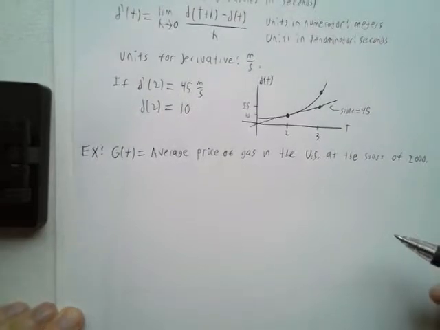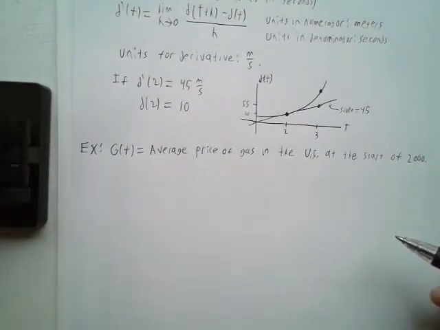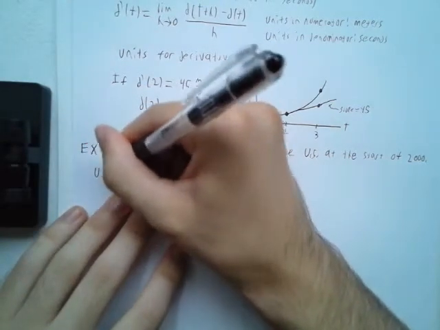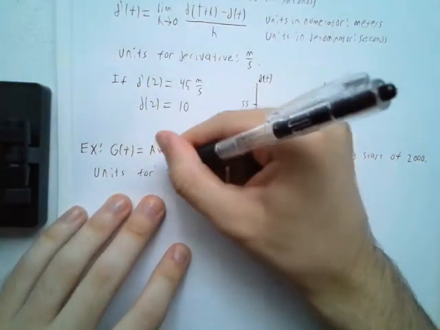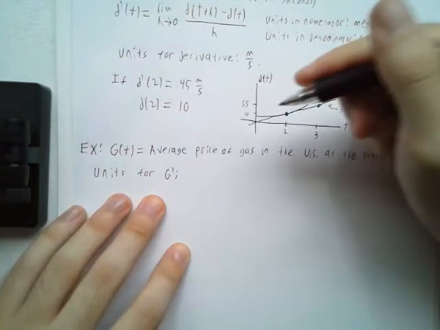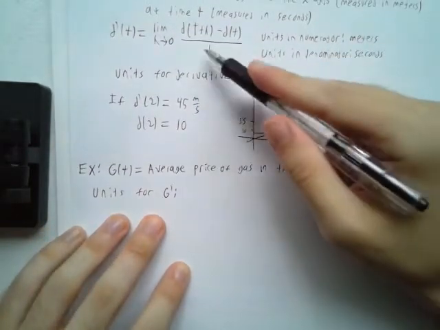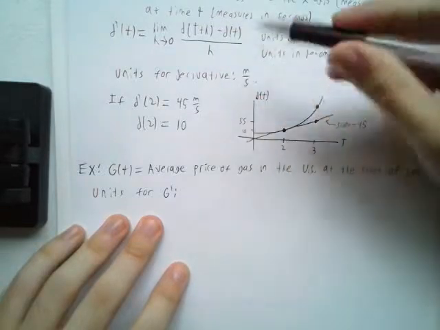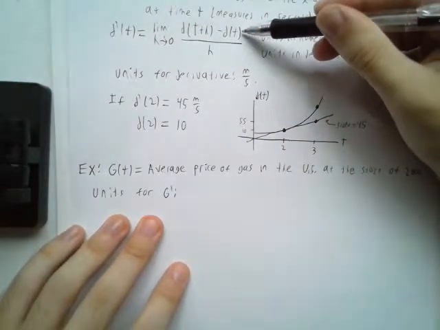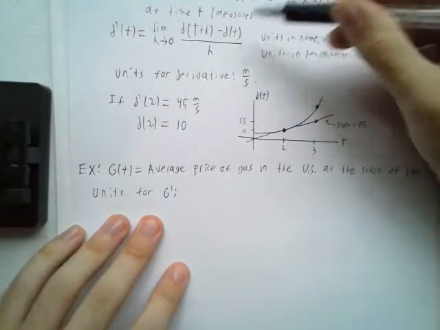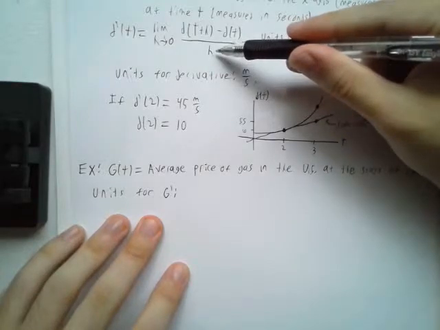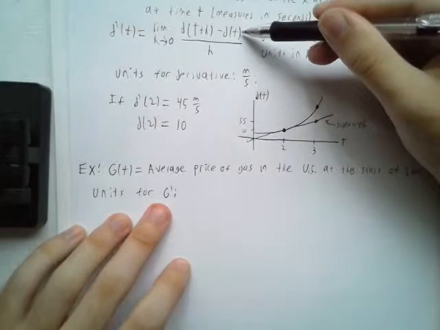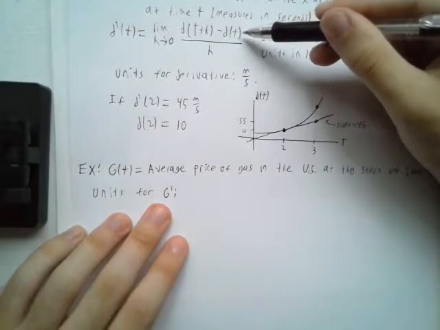So first let's think about what the units for g prime are. Well, based on this example here, how do we figure out the units? It's the units for the numerator in this difference quotient divided by the units in the denominator. And so the units in the numerator will be the units for the output variable, which is g in this case.